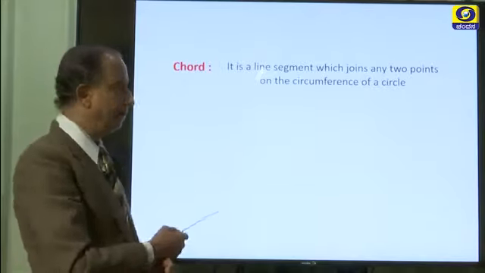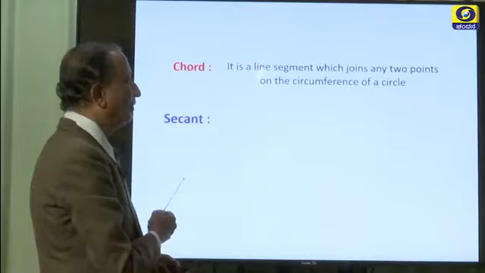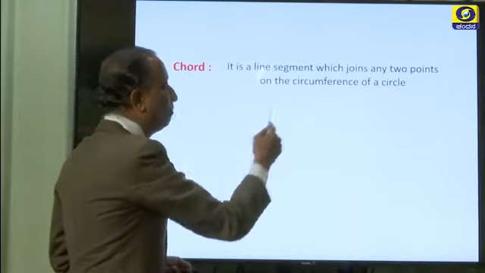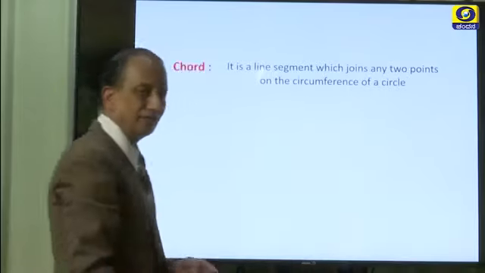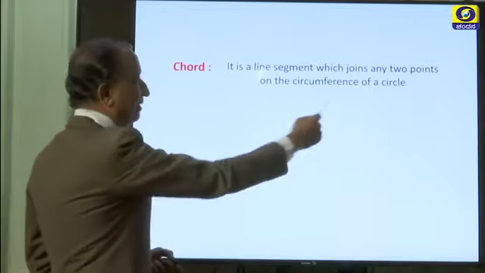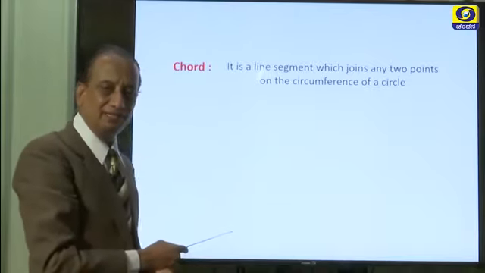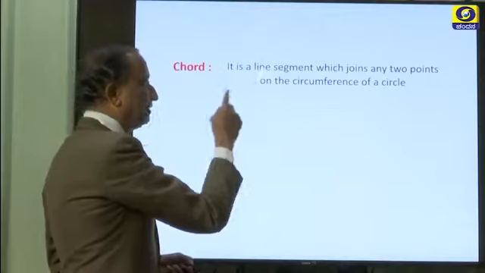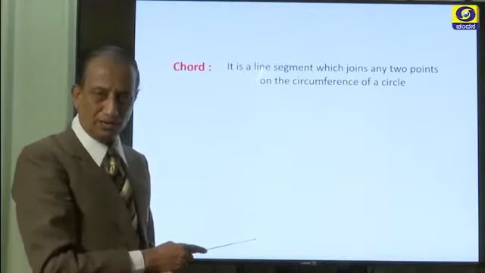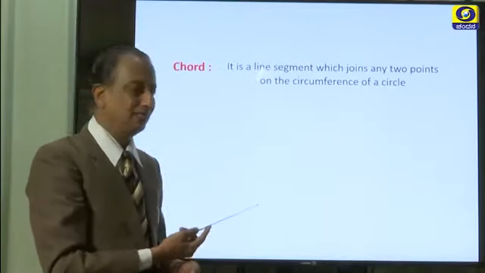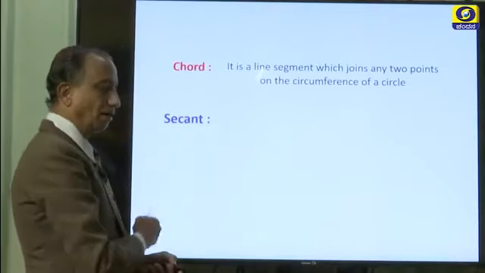First of all, chord. A chord is a line segment which joins any 2 points on the circumference of a circle. You can take any 2 points on the circumference, join them, and the line segment is called the chord, and you know the diameter is the longest chord. Now, secant.